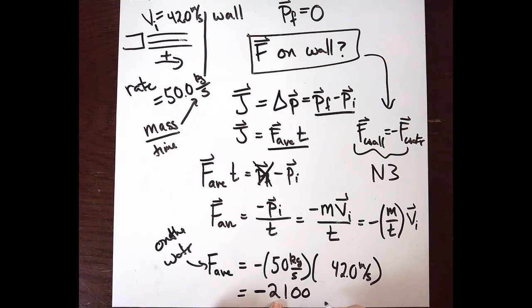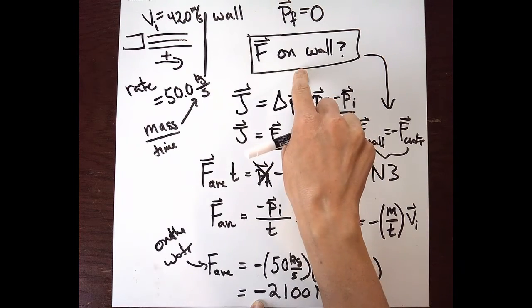And the units, they're kilograms, meters over seconds, and over seconds. So kilograms times meters over seconds and seconds again, that's over seconds squared. But kilograms times meters over seconds squared, that's newtons. That's good, because it's force we're looking for. All right, so this is the force on the water, but we're looking for the force on the wall.